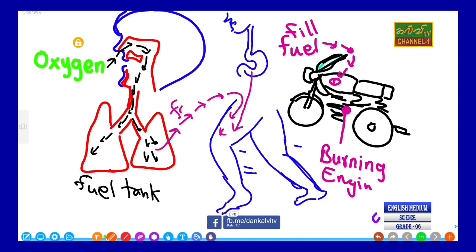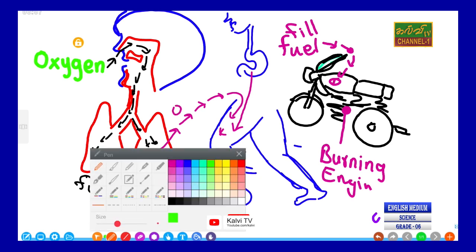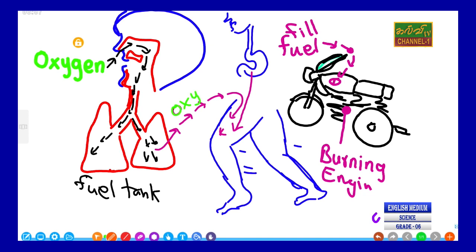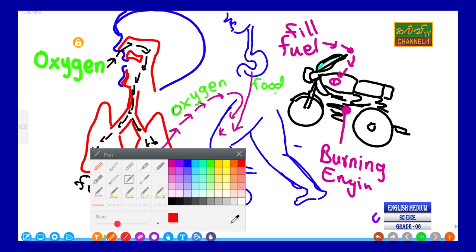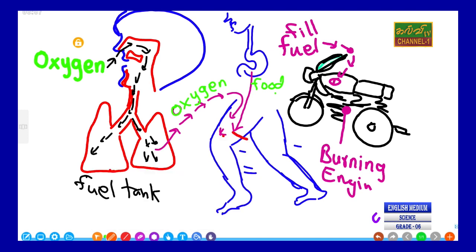Oxygen is carried to the leg, and food also is carried to the leg. And what happened? Yes, energy will be produced where? Energy will be produced in our leg.